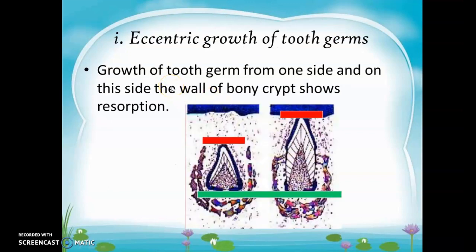Eccentric growth means tooth germ grows only from its one side, as you can appreciate in these images. There is growth of this side of the tooth germ, which is facilitated by resorption of the bony crypt wall in this side of the growth. Thus, eccentric growth of tooth germ is facilitated by the bony resorption of the crypt wall.